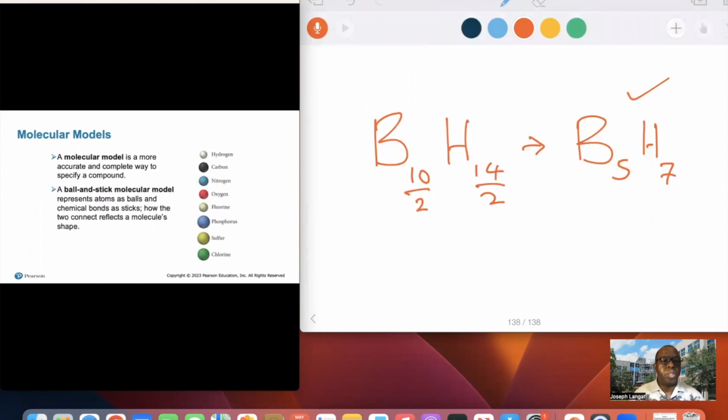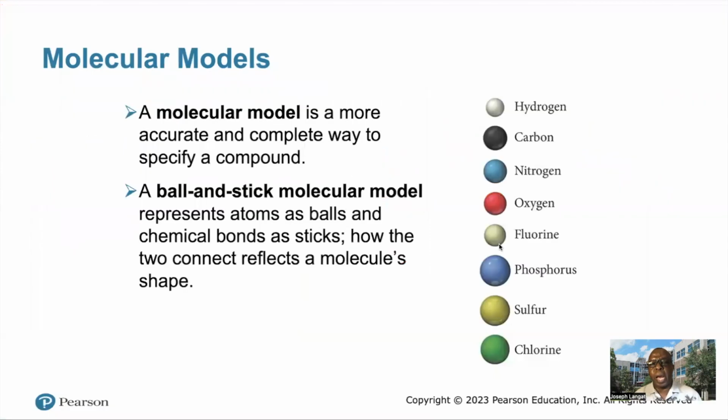But remember, chemists use color coding to represent atoms. In ball and stick, the ball represents an atom, the stick represents the chemical bond and sharing of electrons, and always the color coding will remain the same.